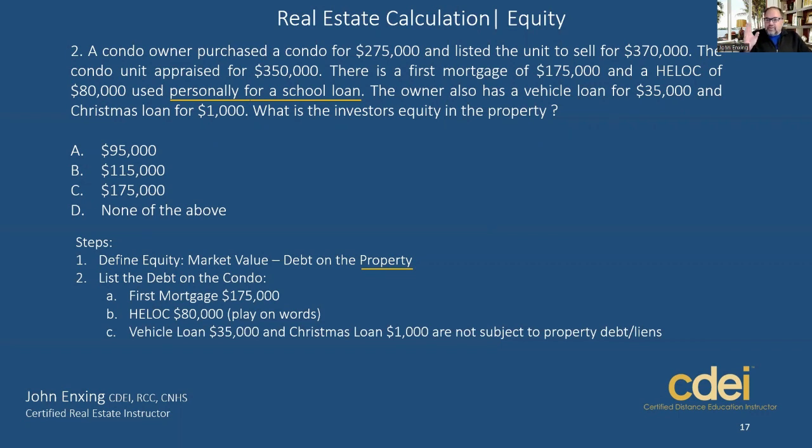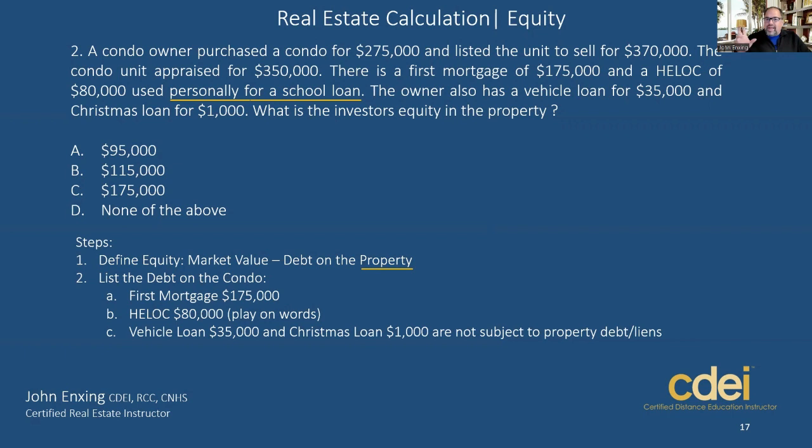Remember, the problem states that they're loans. It doesn't say anything about debt on the property. So this is a vehicle loan that maybe they got from a bank, and a Christmas loan or a signature loan, absolutely they got from a bank. That is not debt on the property. That's a personal loan that they're paying back.